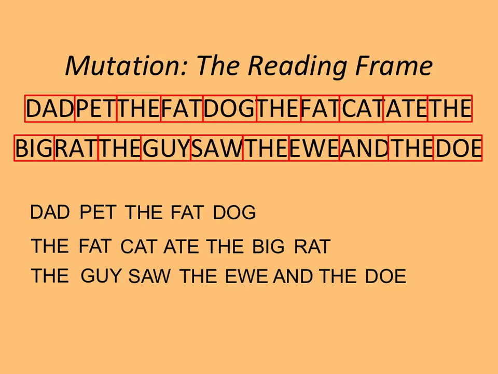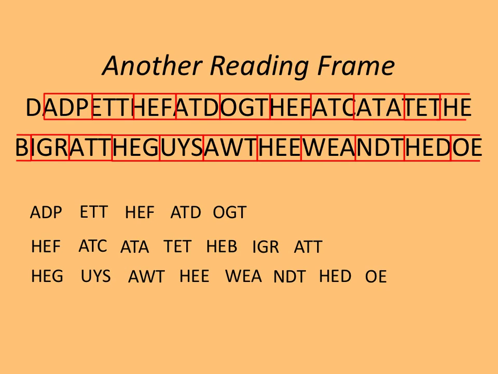If you have a mutation where the reading frame flips, or you lose, let's say, one of the bases, you flip the whole reading frame, and everything from that point on results in gibberish. In other words, it'll produce amino acids, but a completely non-functional protein.